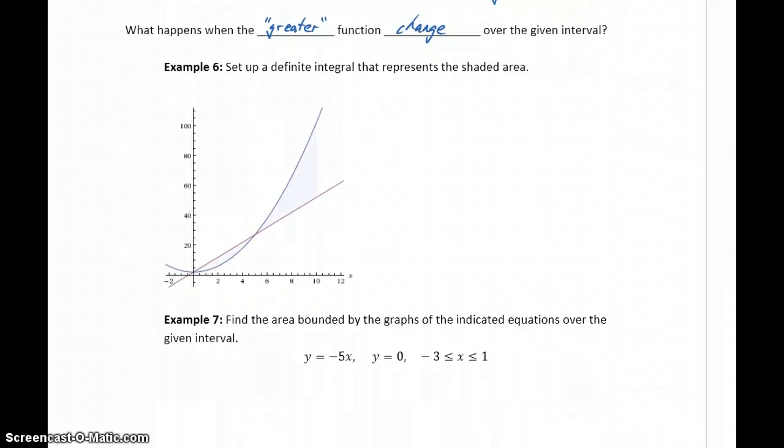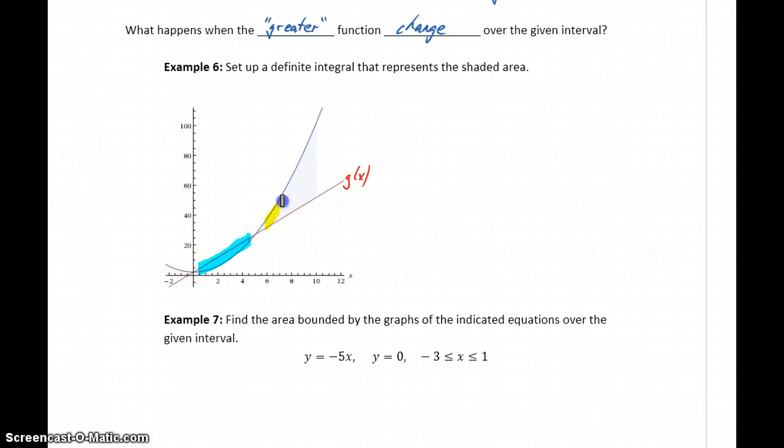So in example 6, we want to, again, set up a definite integral that represents our shaded region. When we look at this first shaded region, we can see that our function g of x is taking on the larger function values.